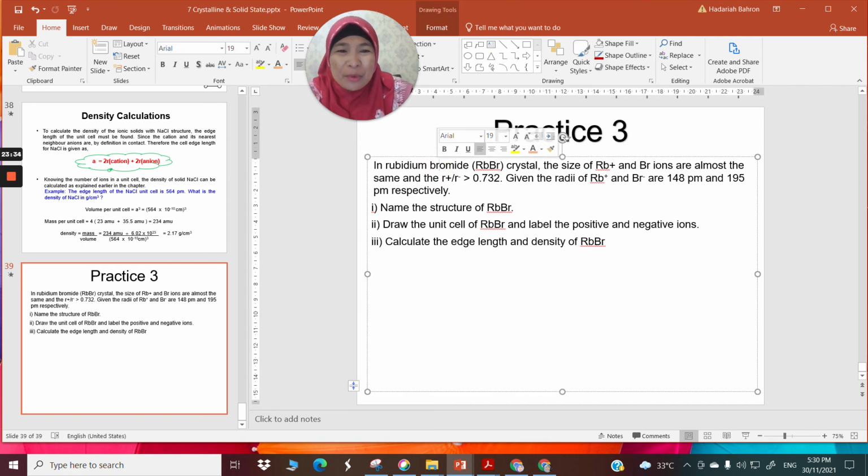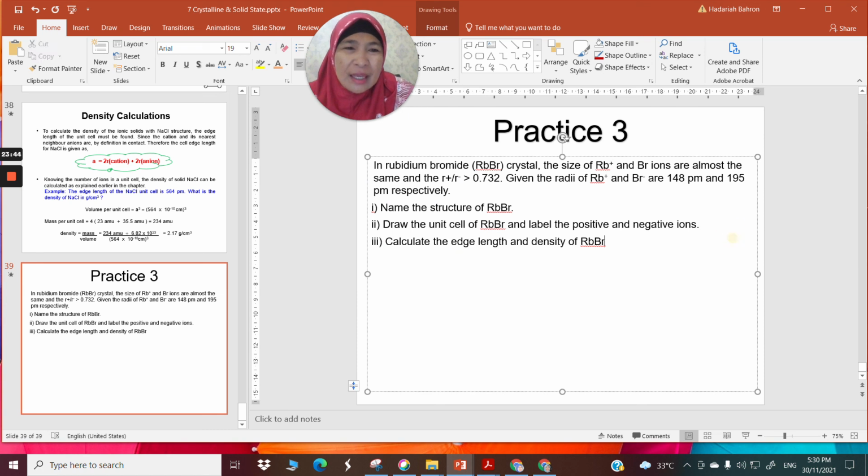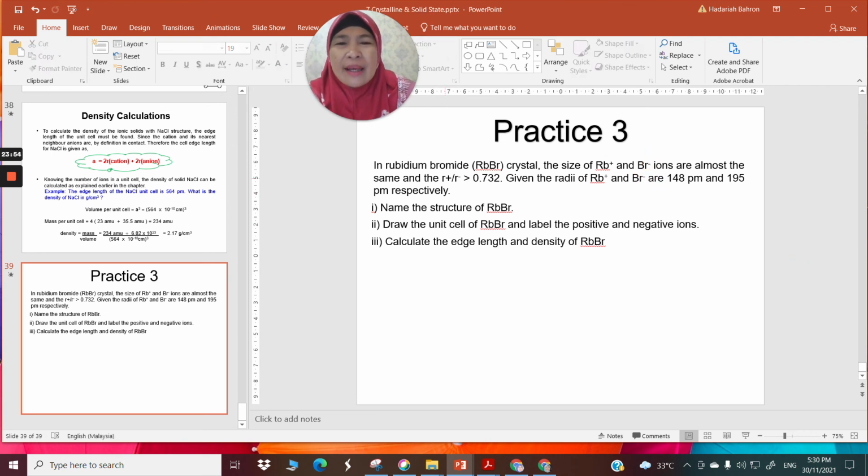In a rubidium bromide crystal, the sizes of the Rb+ and Br- ions are almost the same, and r+ divided by r- is bigger than 0.732.